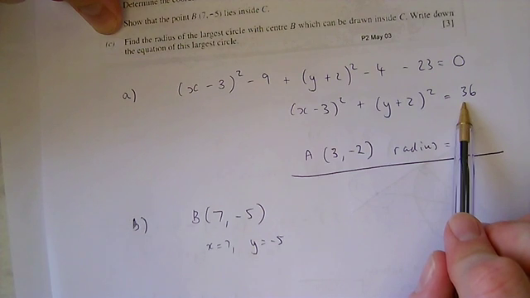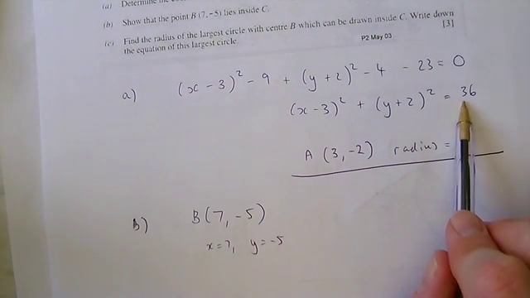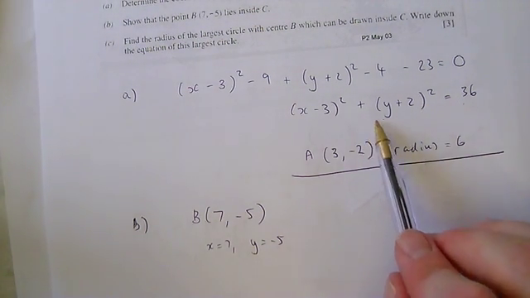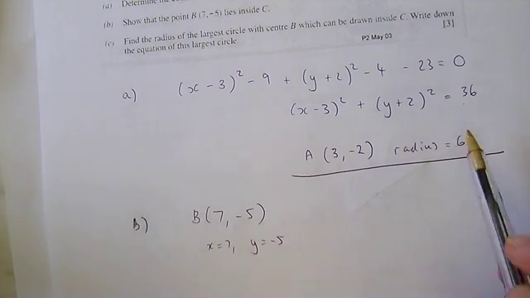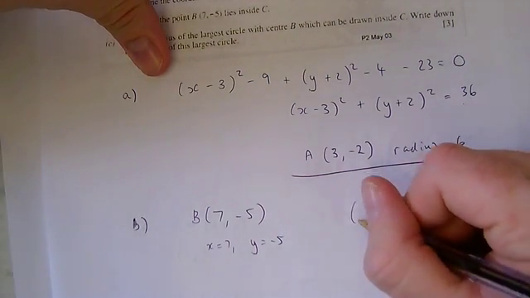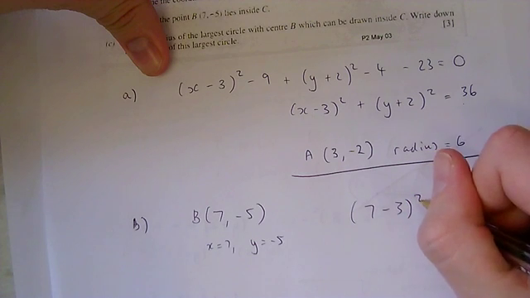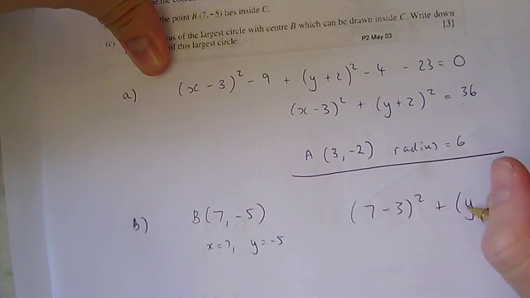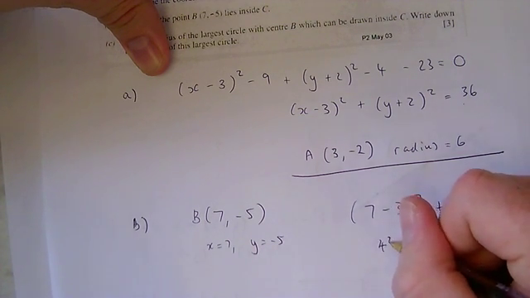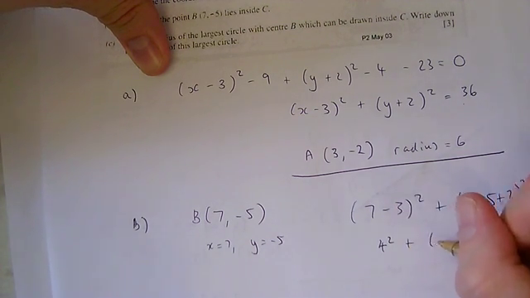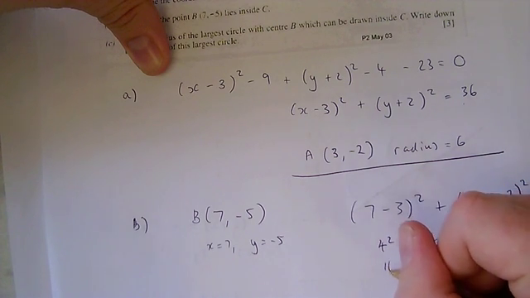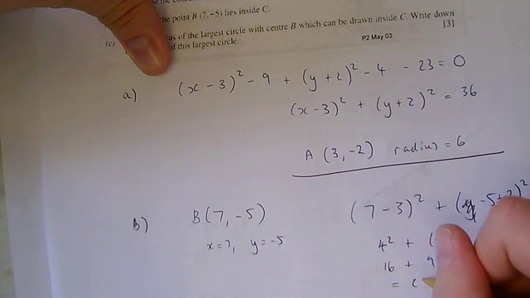If it is less than 36, it's inside the circle. And if it's greater than 36, it's outside the circle. So I'm going to say 7 minus 3 squared plus y is minus 5, so minus 5 plus 2 squared. That becomes 4 squared plus minus 3 squared, which becomes 16 plus 9, which is 25.